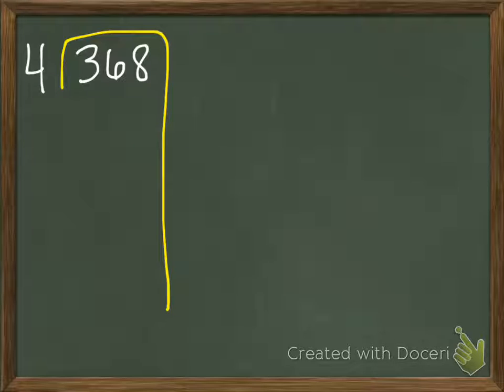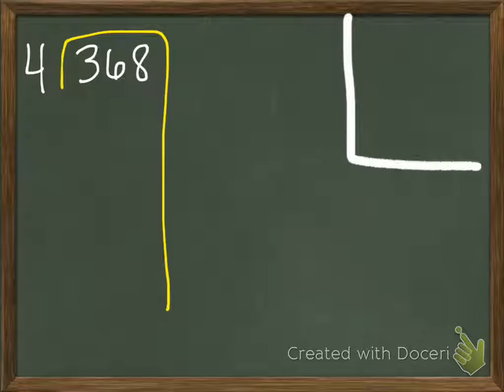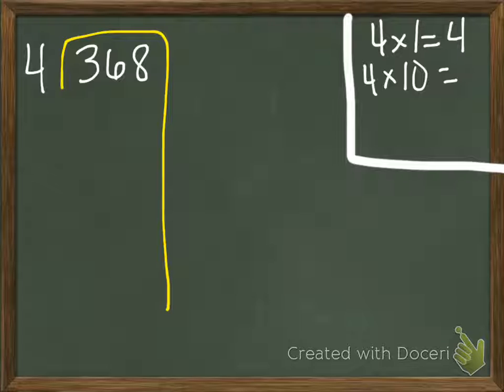How some of the kids like starting this is to take a little spot over here to the side to map out some problems that we know off the top of our head. So, for example, 4 times 1 would give us 4. 4 times 10, and I'm doing 4 because that's the groups of, would be 40. 4 times, we could do 50.